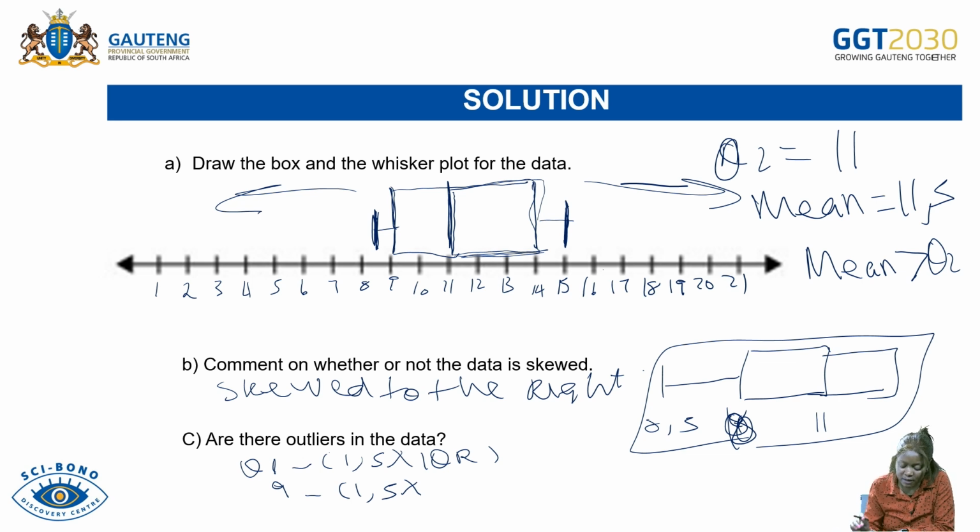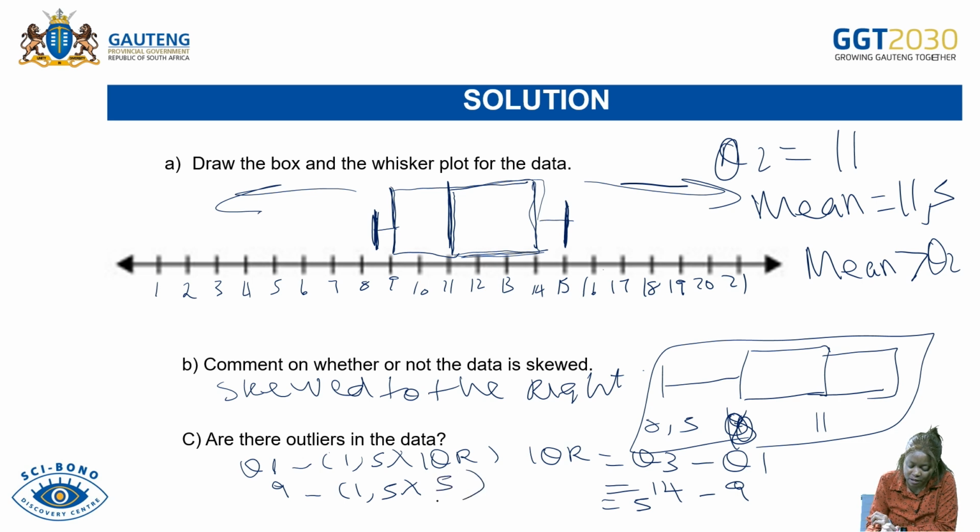Your IQR is given as Q3 minus your Q1, right? If you still remember. So your Q3 in this case is 14, and your Q1 is 9. So you say 14 minus 9, you'll get a 5. So it means you multiply that by 1,5.